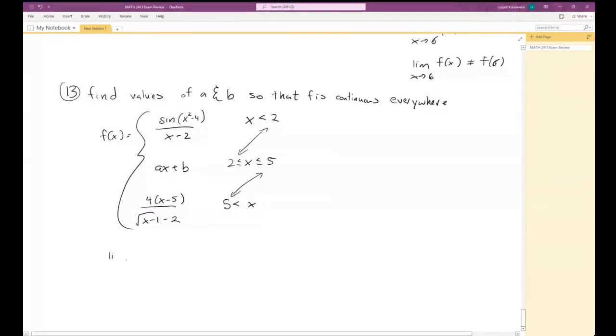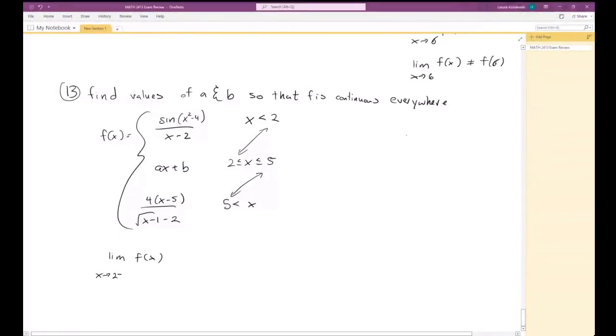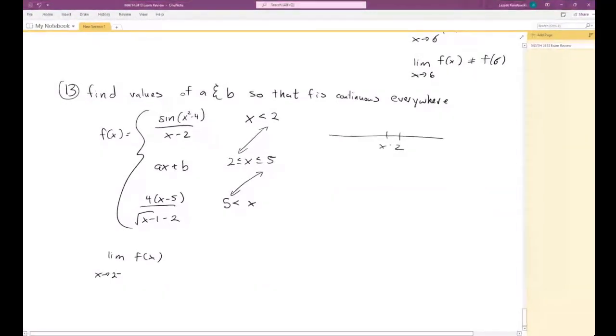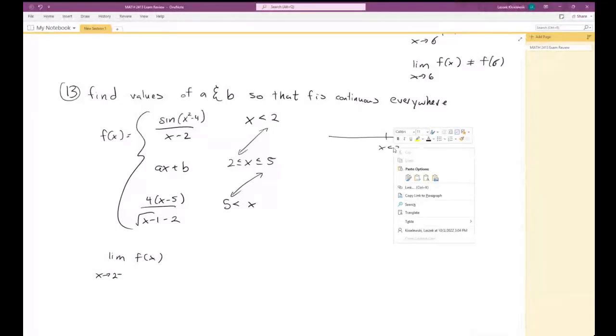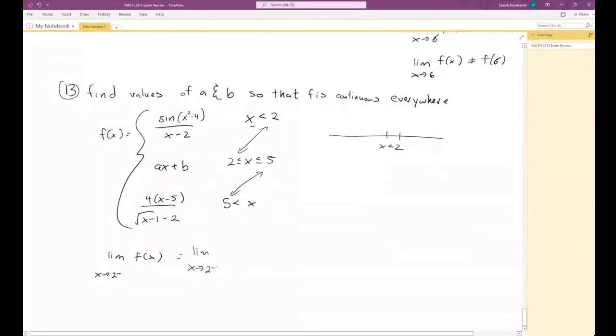What's the limit as x approaches 2 from the left? Which piece would we use? Well, the one where x is slightly smaller than 2. So computing that limit, it's a special trig limit, and you would get 4.